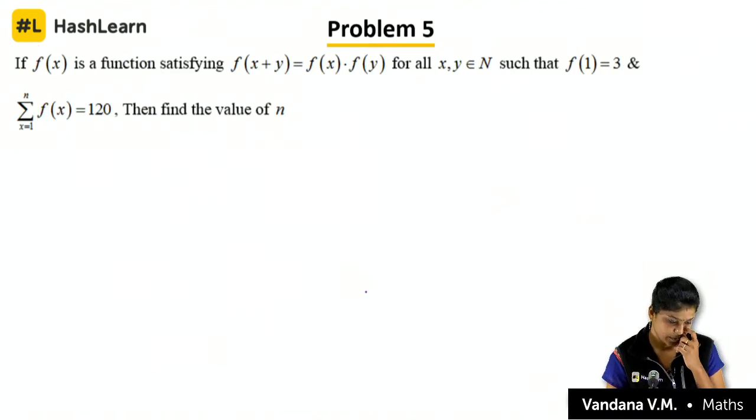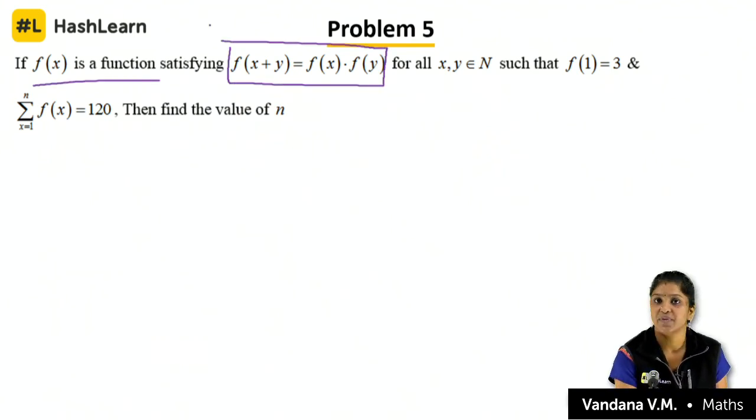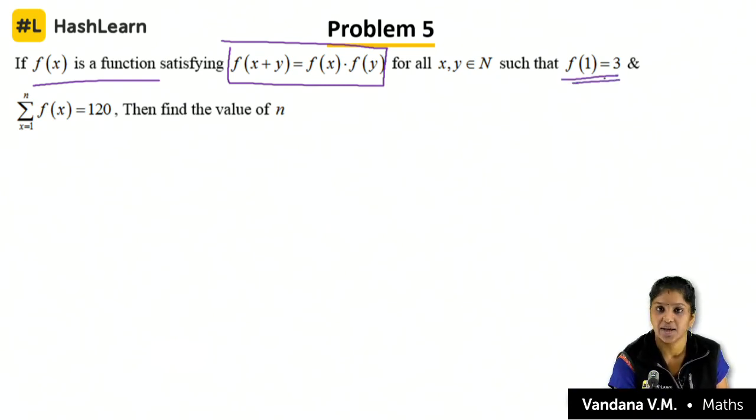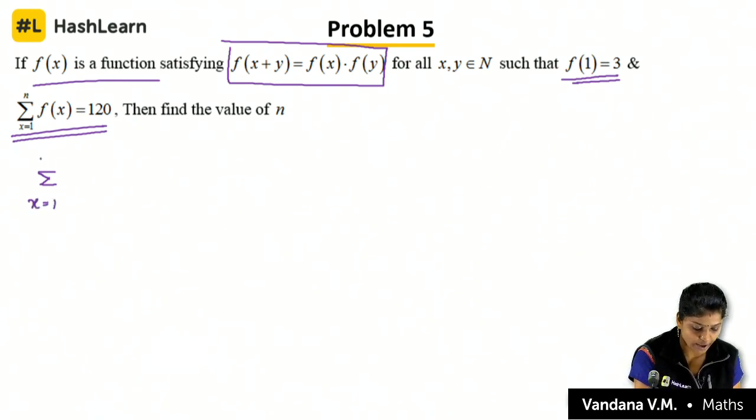Next, if f of x is a function satisfying this format, such that f of 1 value they gave, and I have to find out this. This means what, children? This symbol indicates summation, x equal to 1 to n of f of x.